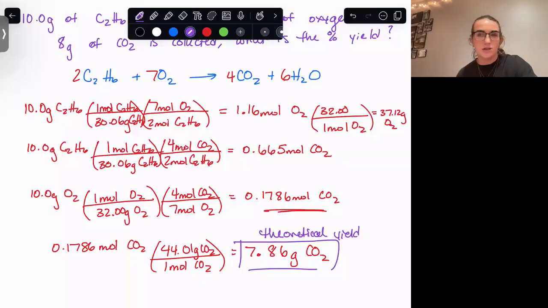Okay, this is our theoretical yield. How does that help us? What are we solving for? What's our original question? Right, we need percent yield.